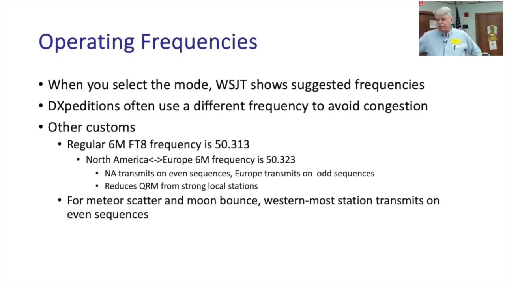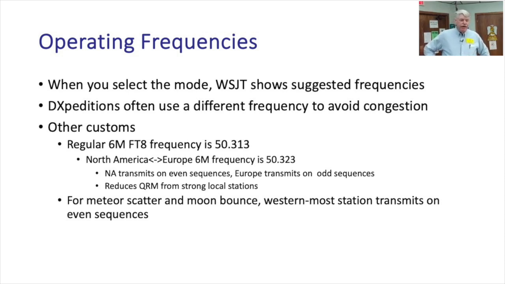There are some other customs, like 6 meters on FT8. The standard frequency is 50.313. If we get a good opening to Europe, then a lot of times we'll go up 10 kilohertz to 50.323. Then we'll follow a very strict sequence: the North American stations transmit on the even sequences, and the Europeans on the odd ones.